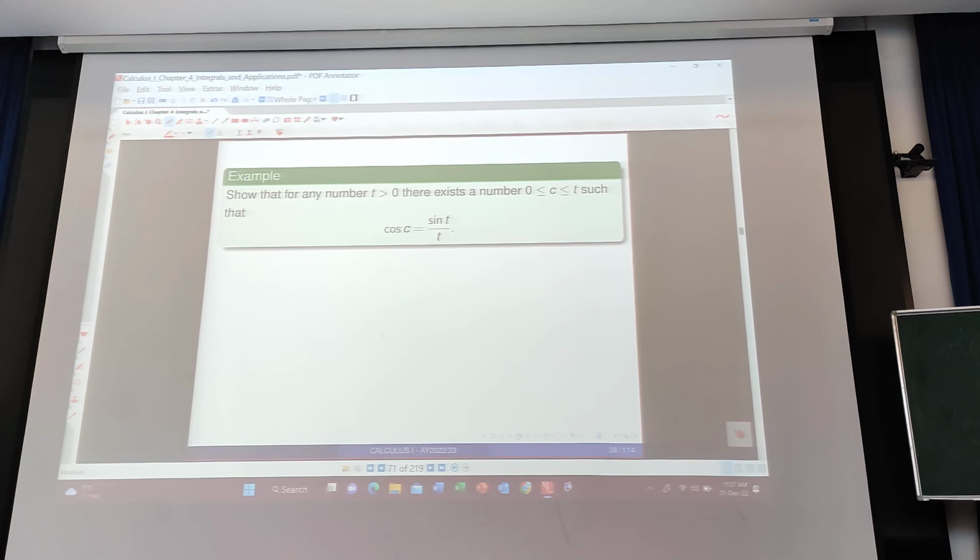Tôi sẽ ra bài toán hoàn toàn tương tự, mà nghe thì nó lại thành khó hơn. Tôi ra bài toán như này.